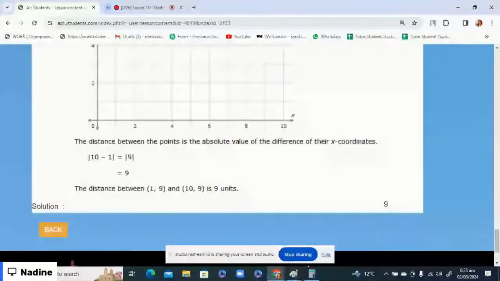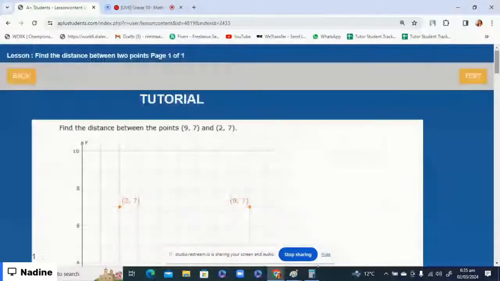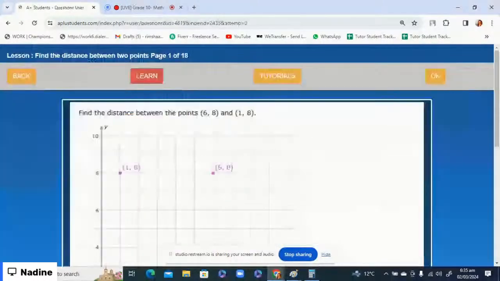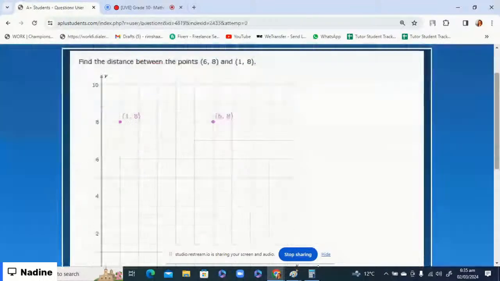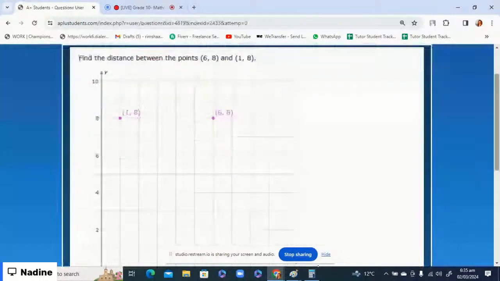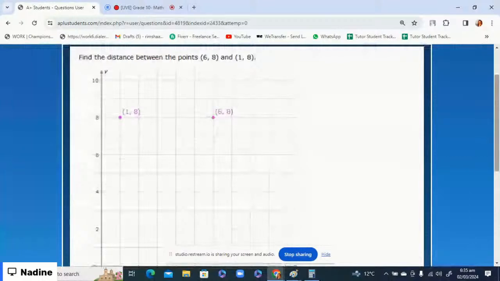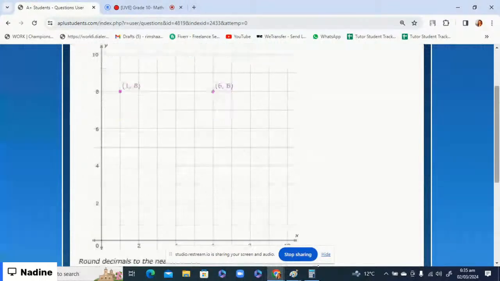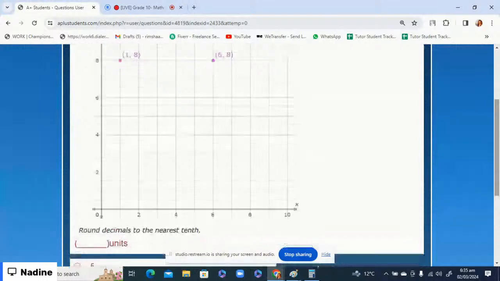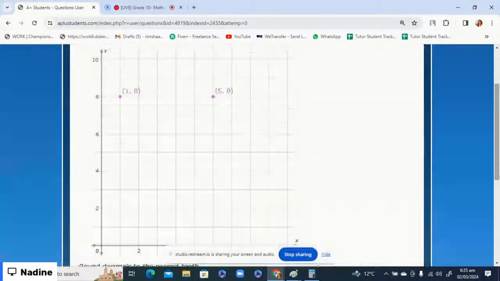Now let's do the test questions for that. Find the distance between the points (6, 8) and (1, 8). Round the decimal to the nearest tenth.